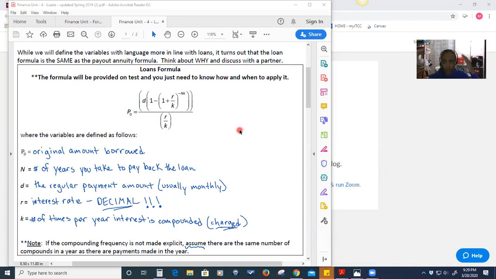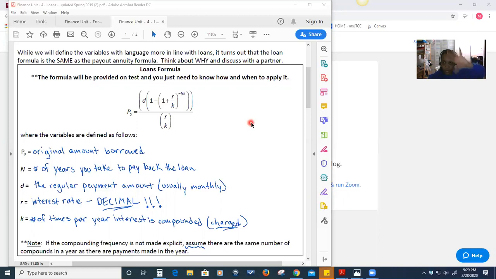We said that when we put more money in, we earn more interest, we get more money out. We also said that if we leave the money in for a longer amount of time, we gain more interest, we get more money out. And then the other thing we figured out was that if our interest rate is higher, we gain more money, okay? And we also talked about the compounding frequency. As that gets higher, we gain more interest, okay?